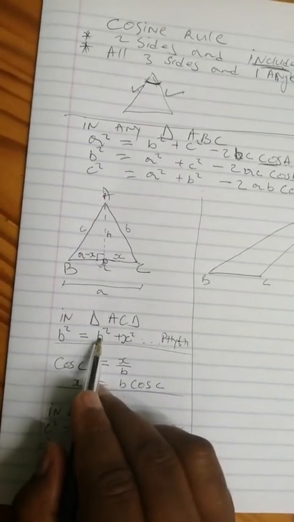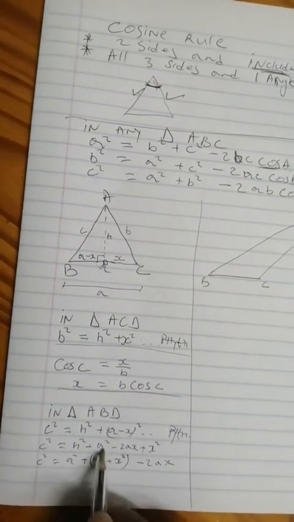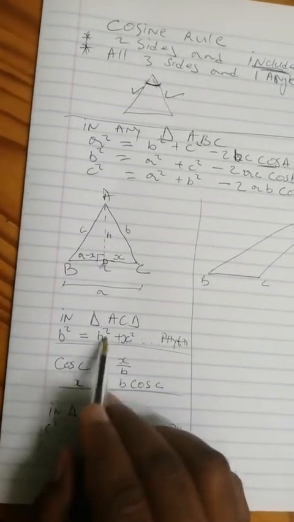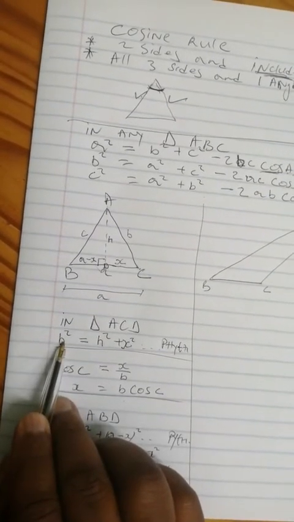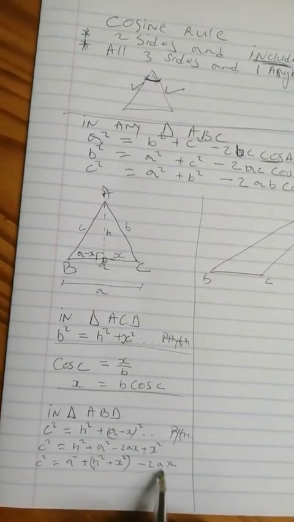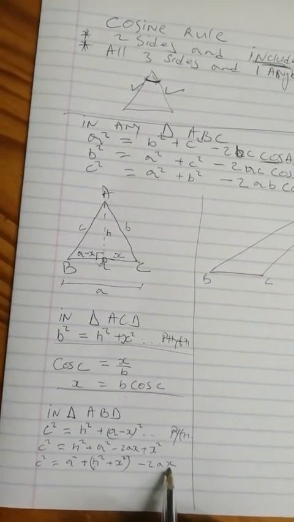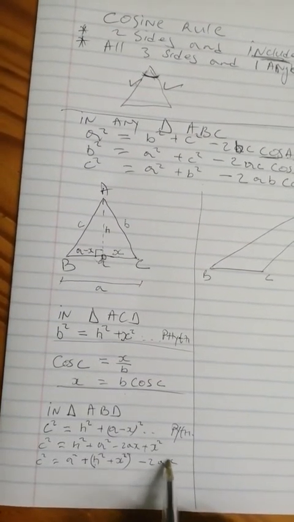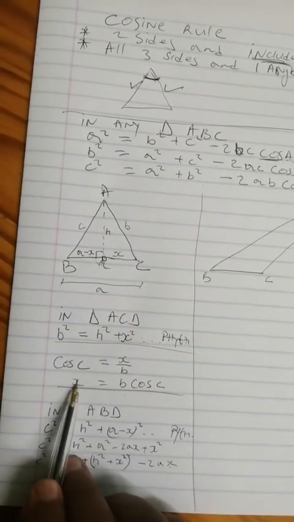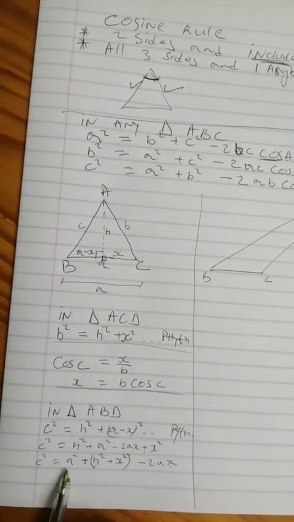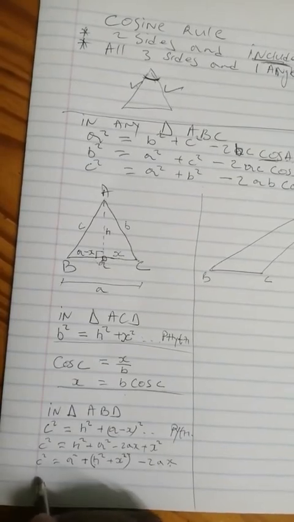Remember, H squared plus X squared can be replaced by B squared. And here we've got X, so we can replace X because we know what X is equal to. Now let's substitute that.